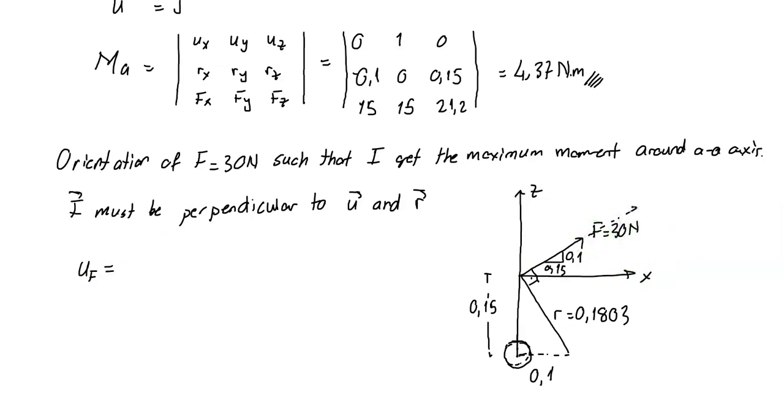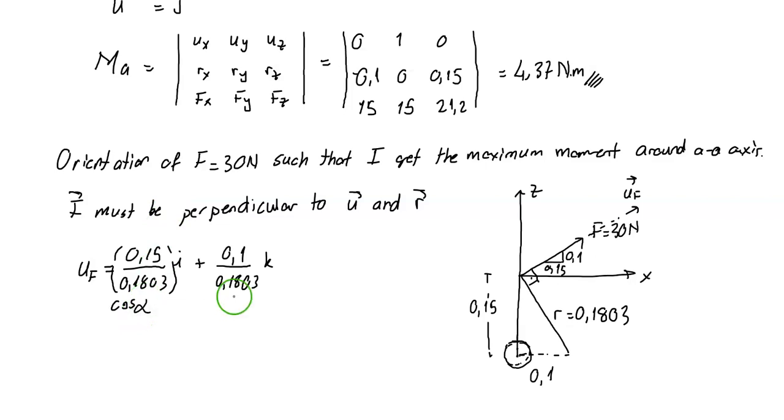That unit vector UF can be written as: for the x, I'm going to have 0.15 over 0.1803 I, and I have a 0 for j, and for k I'm going to have 0.1 over 0.1803 K. So remember, essentially this is cosine alpha, and this thing is cosine gamma.